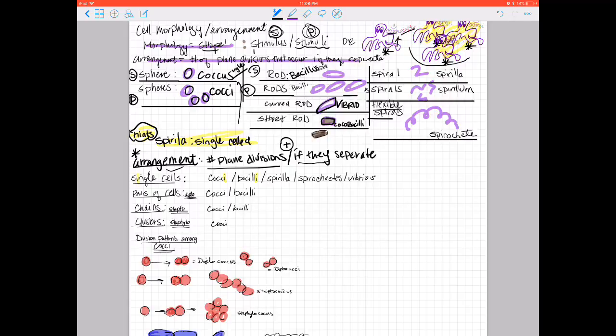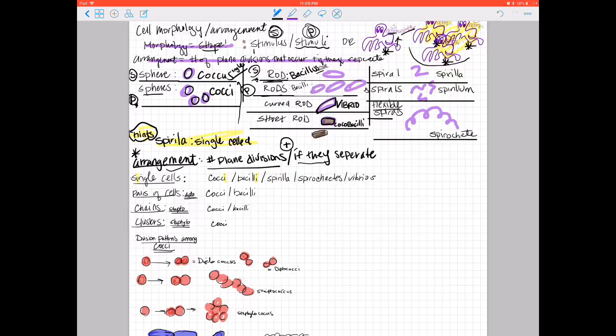Coccyx. And I hope I'm saying this right. And when you have many spheres, then you have cocci. And so when you look at rods, if you have one singular rod, it's a bacillus, one single bacillus.